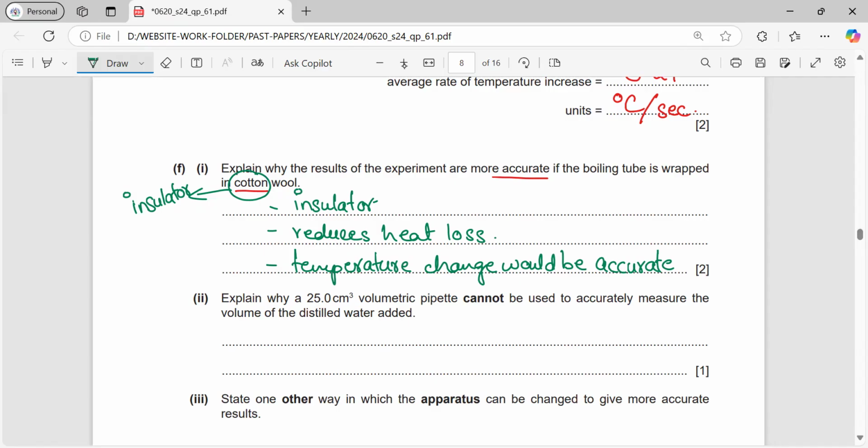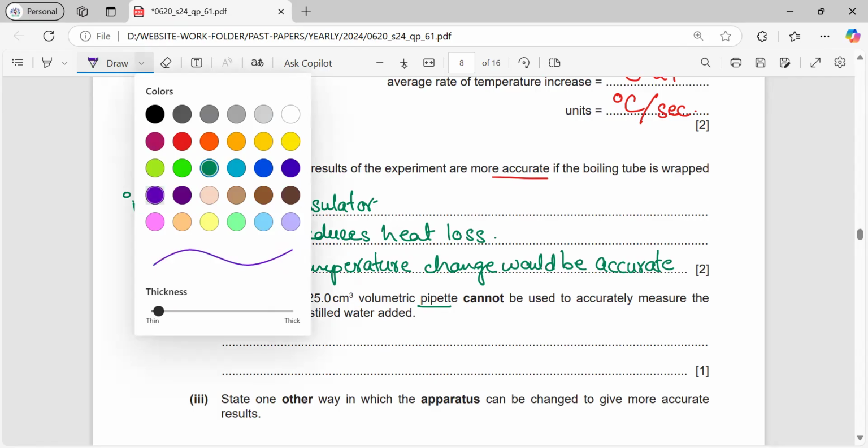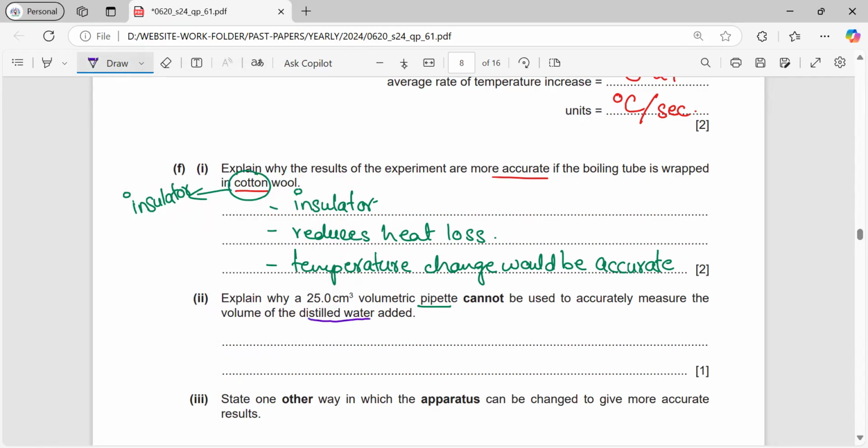Explain why a 25 centimeter cube volumetric pipette cannot be used to accurately measure the volume of distilled water added. As we can see, the added distilled water is continuously changing, because in experiment 2 we add 2 centimeter cube of water, in the next experiment 4 centimeter cube, in the next 6 centimeter cube, and in the fifth experiment 10 centimeter cube.